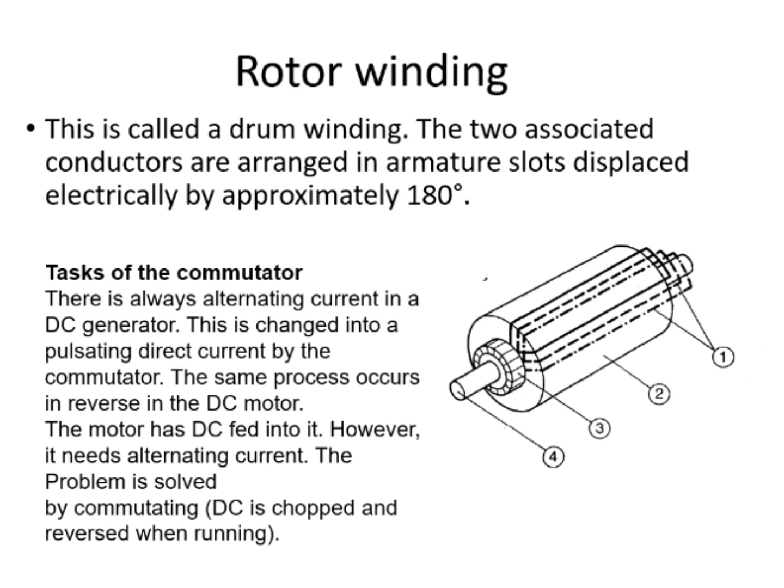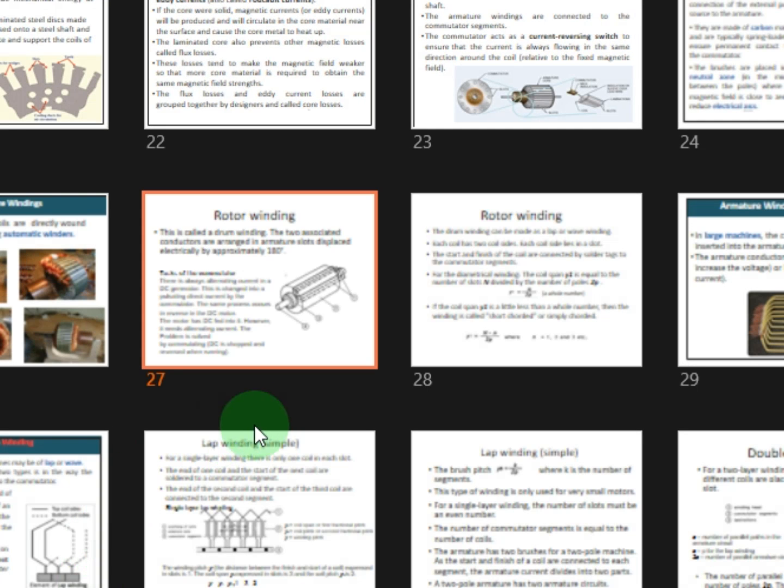Right, I hope you got some basic understanding of the construction of the DC motor, and you know the parts of it, like the stator, which is the stationary casing, and the rotor, which is the rotating part.